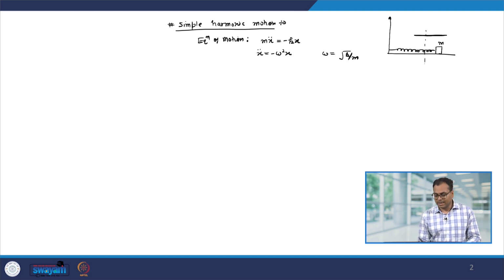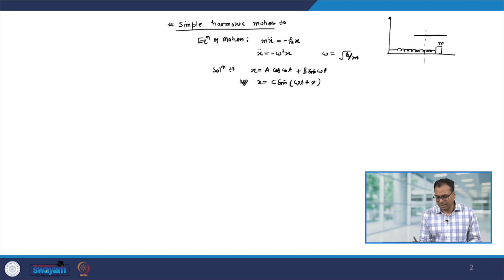We saw that this equation has a solution, and the solution can be x equal to a cos omega t plus b sin omega t. The solution can also be written as x equal to c sin(omega t plus phi), and here a, b, c and phi are related.